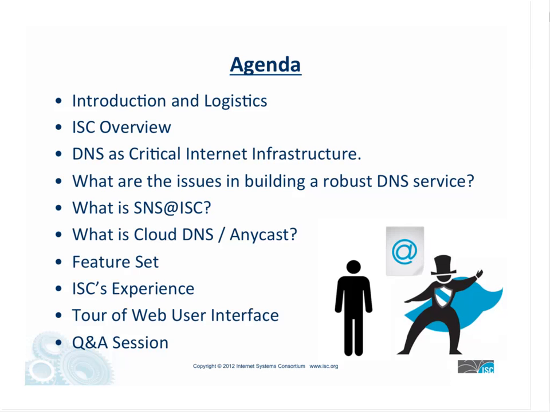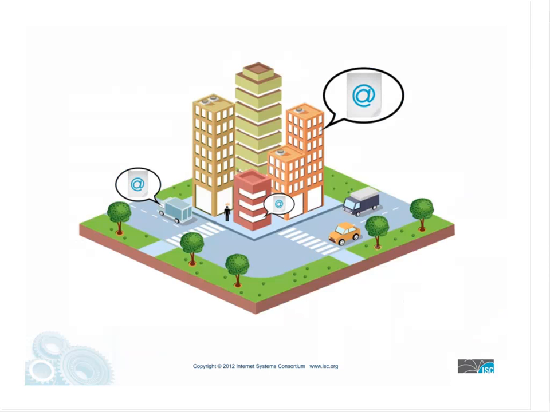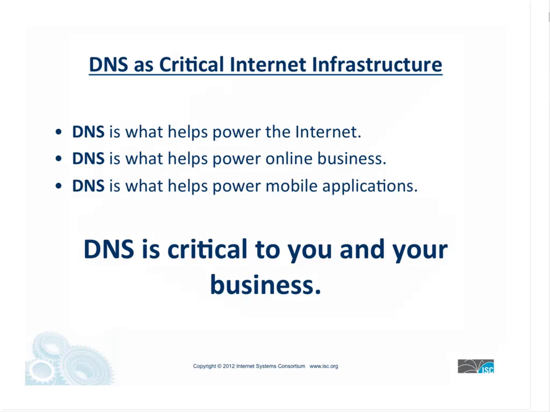But first, I want to start with DNS as critical internet infrastructure. DNS is the mechanism that gives you the ability to type into your web browser a human-readable string, such as www.isc.org, instead of a string of IP addresses, like 127.0.0.1 or ::1. DNS is what helps power the internet.